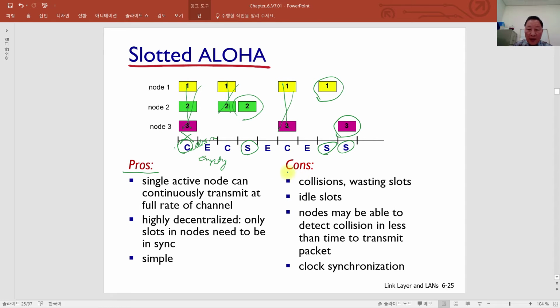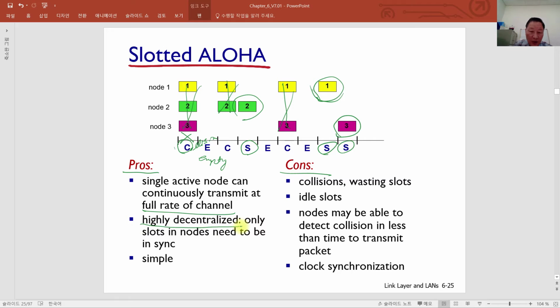Here, advantage and disadvantage. The advantage is that a single active node can continuously transmit at the full rate of the channel. If only one node is active, then it can transmit at the full rate of the channel, because the others are not sending.